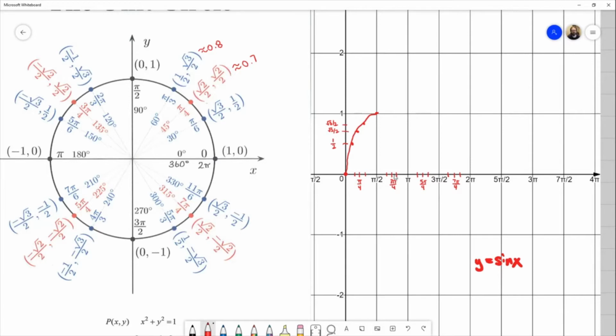Between pi over 2 and pi, at 2 pi over 3, that's our next tick mark, the y coordinate is root 3 over 2, so we start to go back down. At 3 pi over 4, the y coordinate is root 2 over 2, so we continue to go down here.